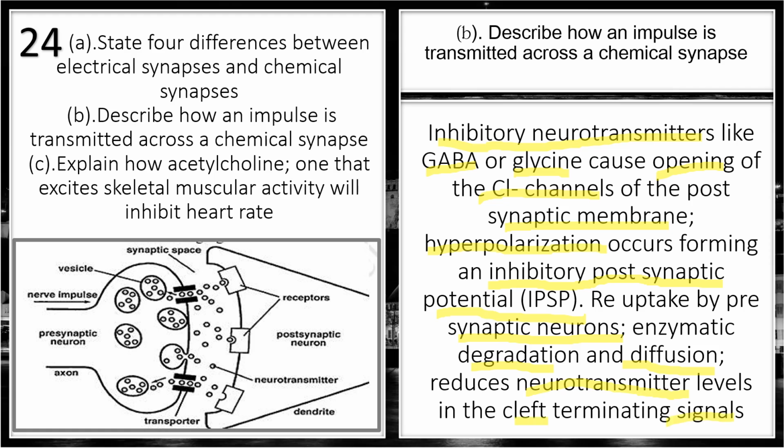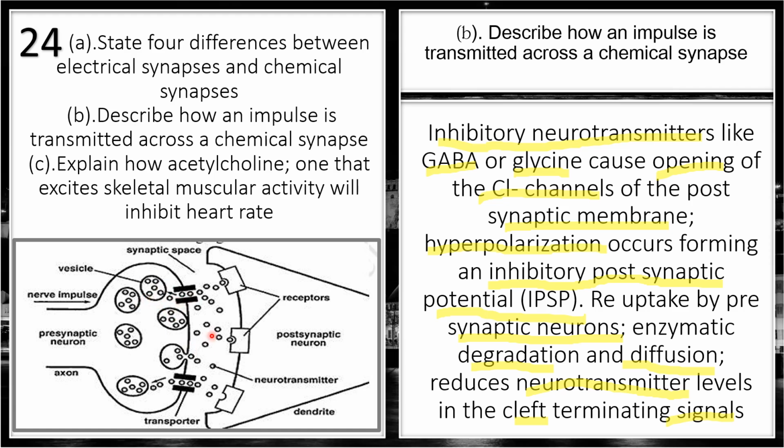Now here, sometimes the transmitter substance that we have can be inhibitory transmitter substance. Before, we had the excitatory neurotransmitter substance, which was acetylcholine.